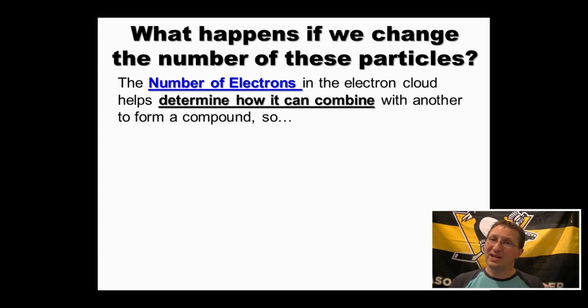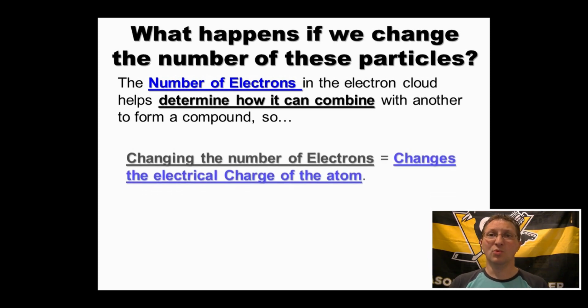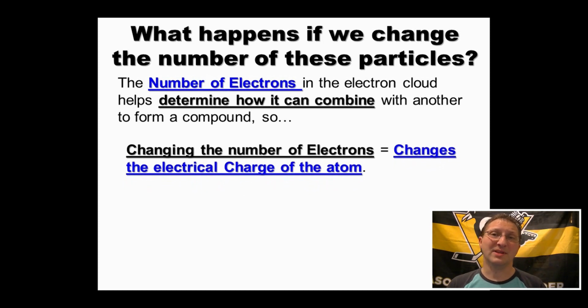But so if you change the electrons, what really are you changing? Well, if we change the electrons, think about this. It's not changing the identity of the atom, so it's still the same atom, but it's a charged particle. Remember, electrons are negative, and if we change the number of negatives that we have, we're going to throw that out of balance.